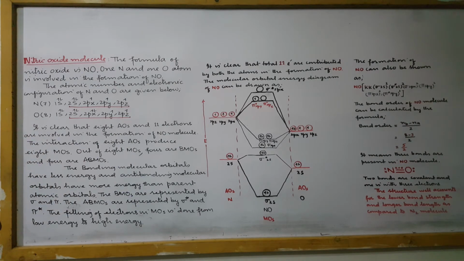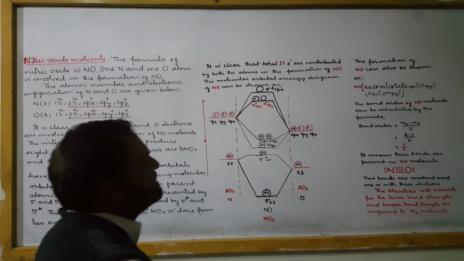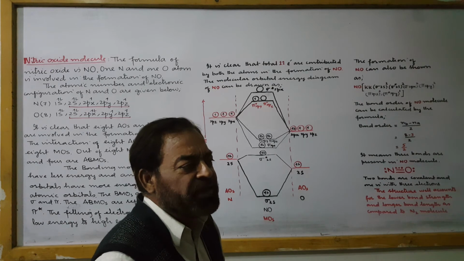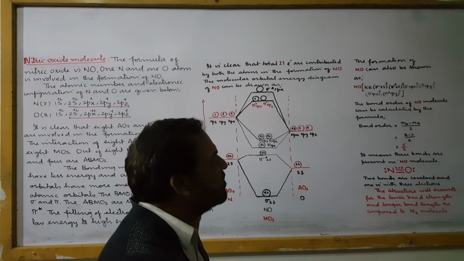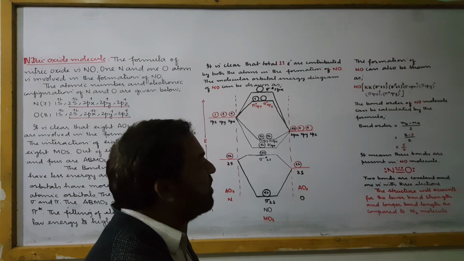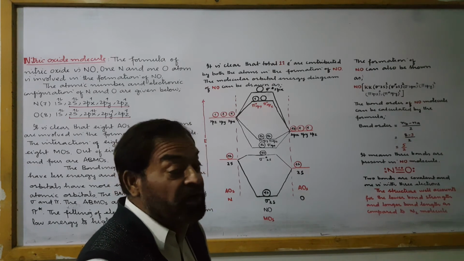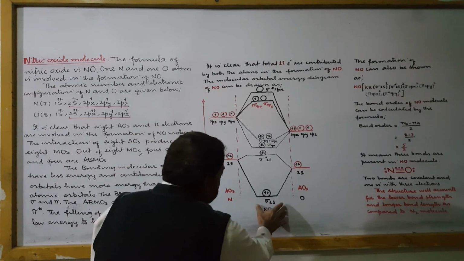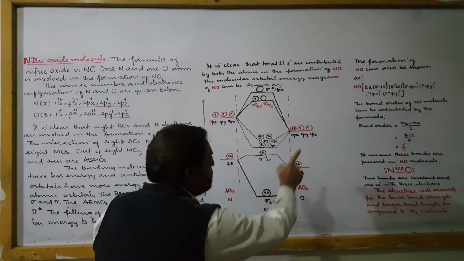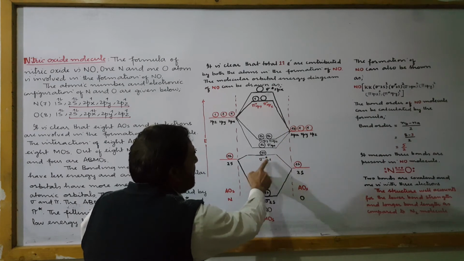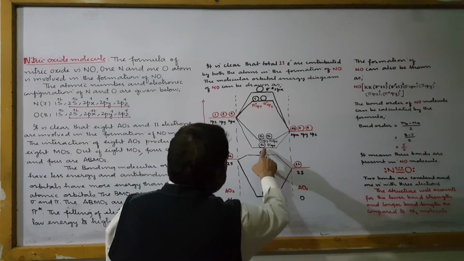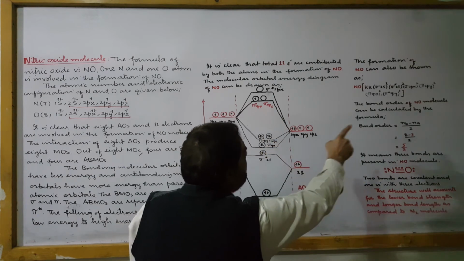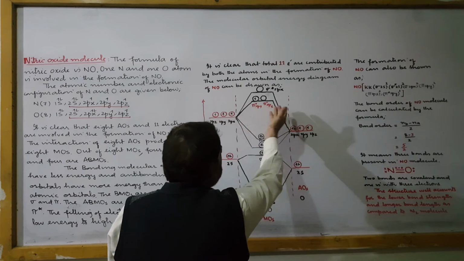Now, the formation of NO can also be shown as NO-KK, where the first shell in both nitrogen and oxygen remains inert during the formation of NO. Now write the molecular orbitals along with electrons by seeing the molecular orbital energy diagram: sigma 2s2, sigma star 2s2, sigma 2px2, pi 2py2, pi 2pz2, and pi star 2py or pi star 2pz contains one electron.